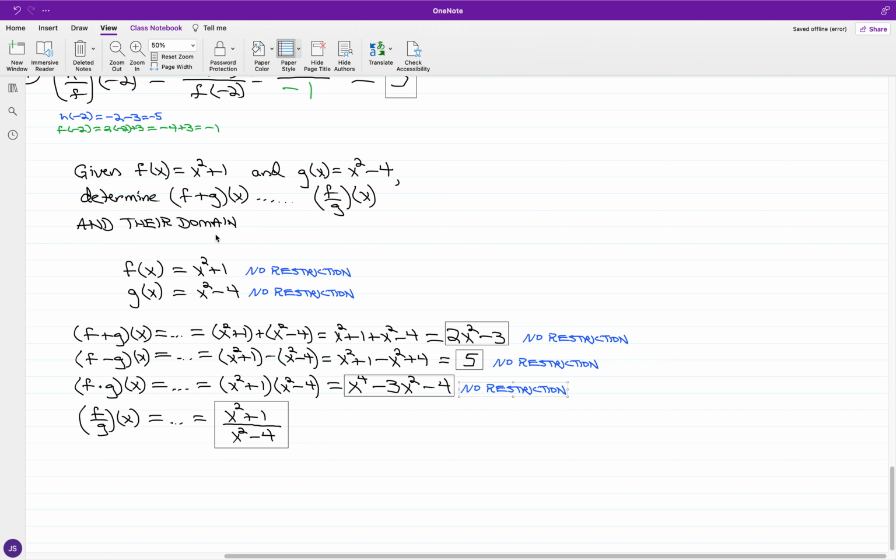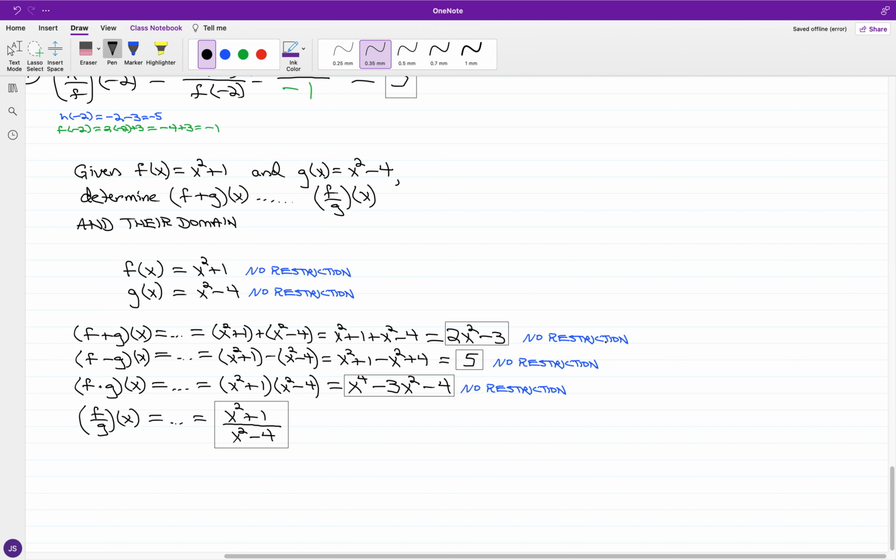For the sum, difference, and product functions, again, there is no restriction. Any function or operation that has no restriction at all, we will have the domain be the set of all real numbers.